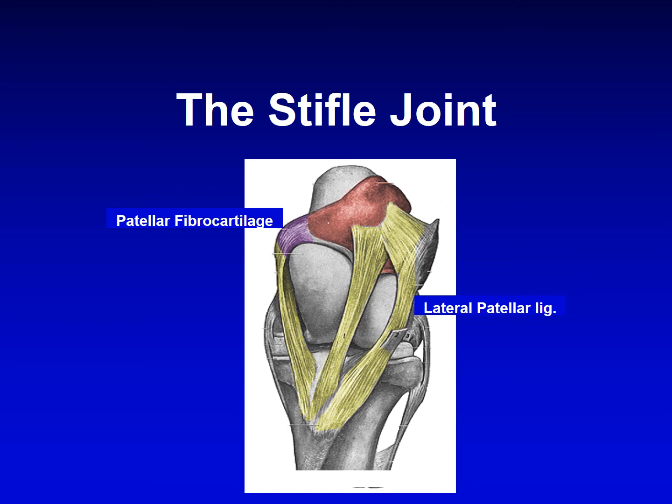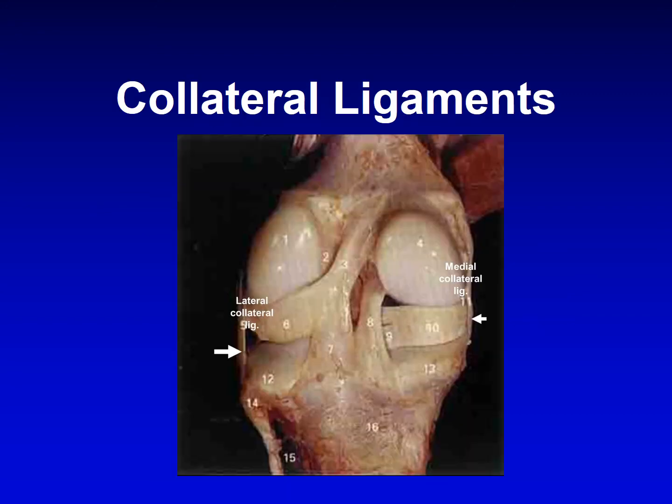There are also cruciate ligaments and collateral ligaments, medial and lateral, and this is the meniscus or the menisci to minimize the pressure on the heavy joint.